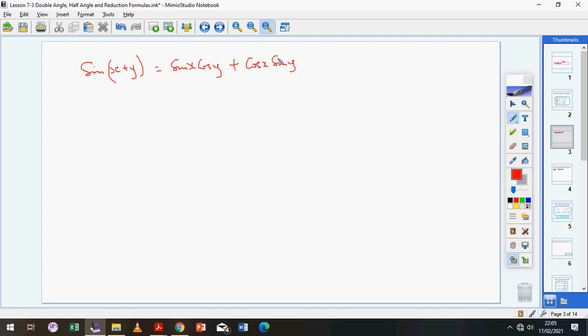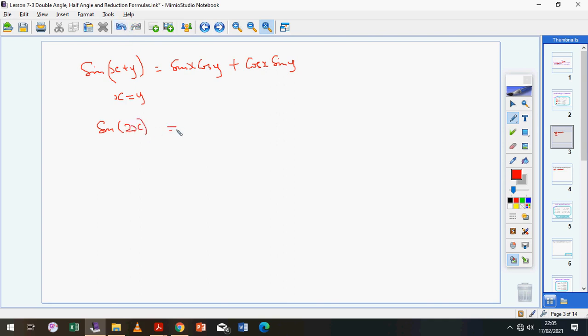That was the formula for the sum for sine. Now think about what happens if x is equal to y. If x and y are the same angle, then you'd basically have sine of x plus x, and sine of x plus x can just be written as sine of 2x.